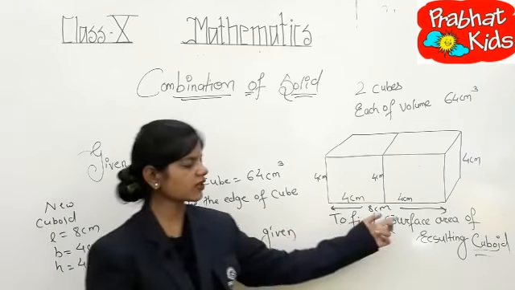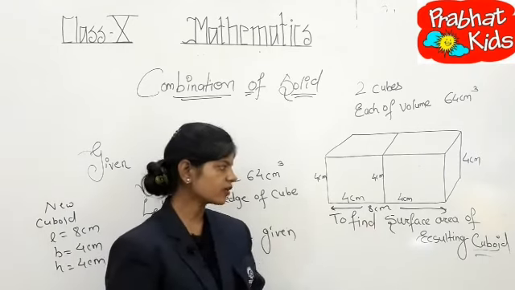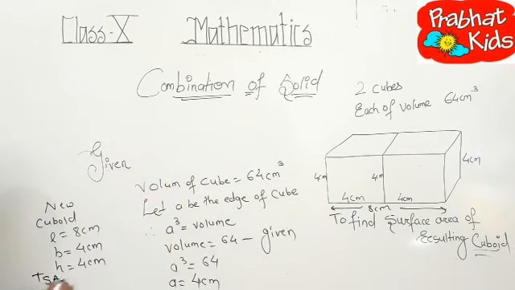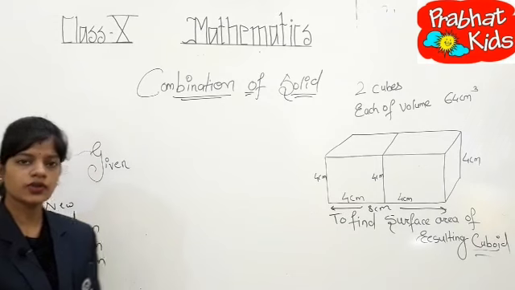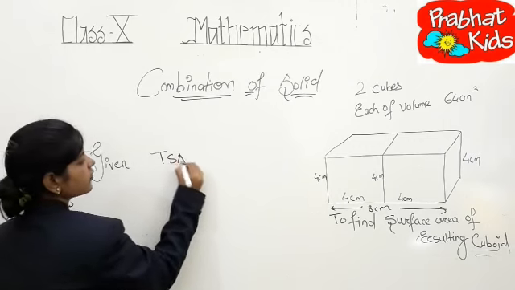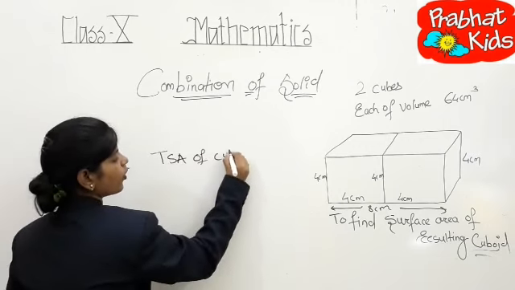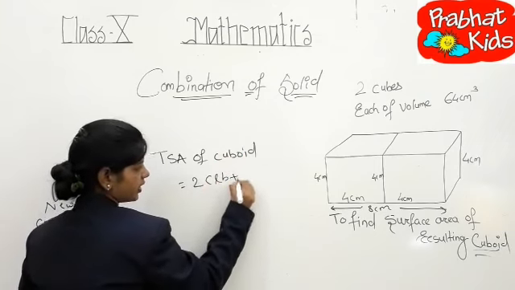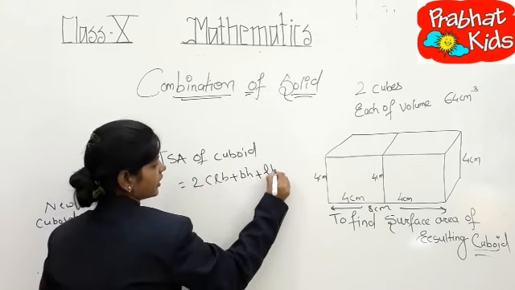We have to find the surface area. The word surface area means total surface area. So total surface area of cuboid is 2 in bracket LB plus BH plus LH.